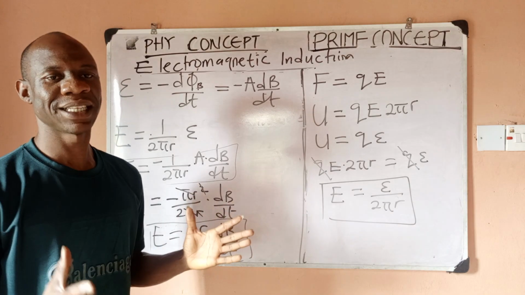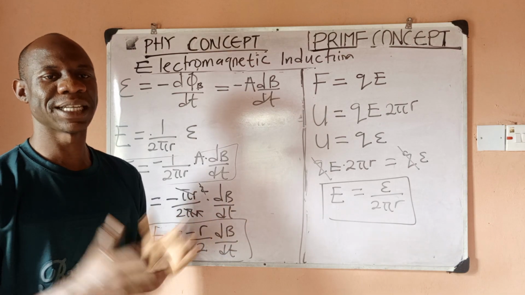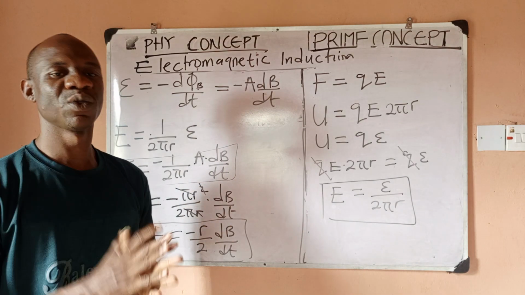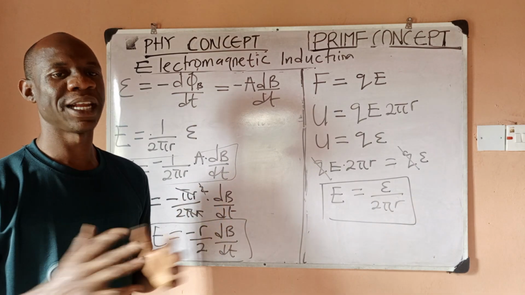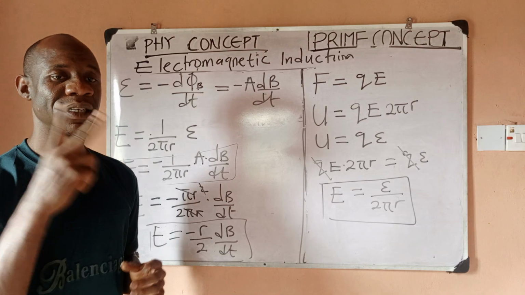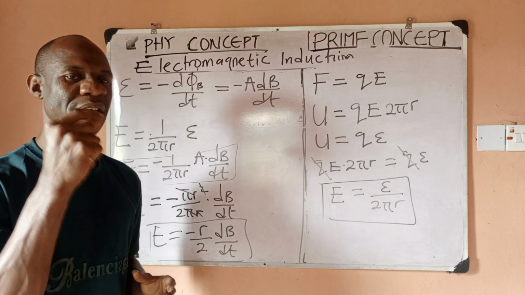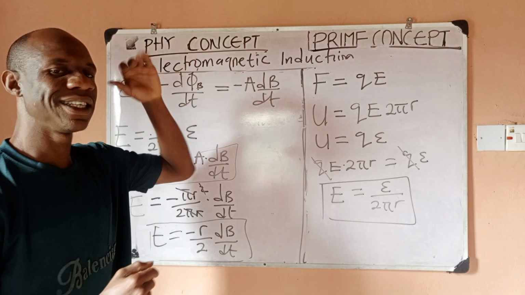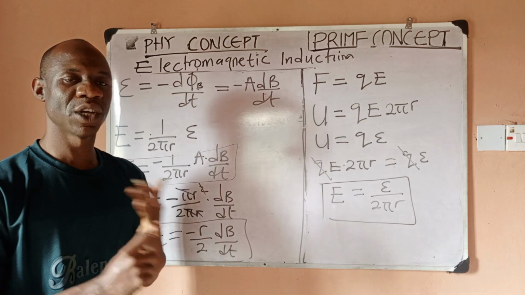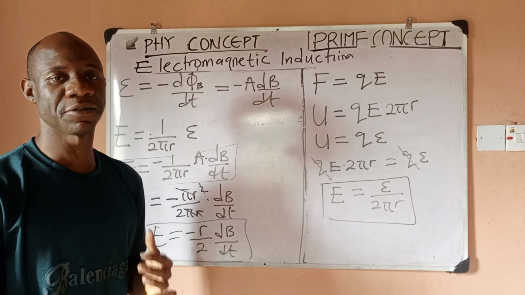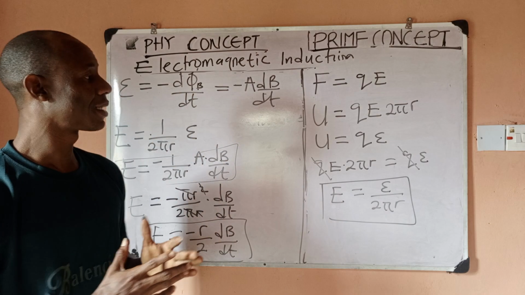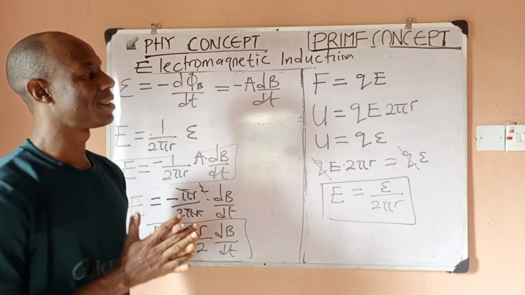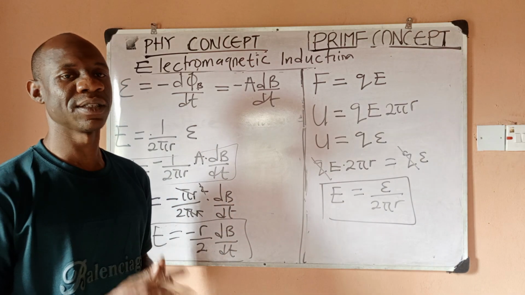We explained that one of the major laws that governs electromagnetic induction is Faraday's law of electromagnetic induction. We pointed out that these are two laws, and then we talked about Lenz's law, which gives the direction of the induced EMF. Then from there we considered the motional EMF. Then we looked at the induced electric field. This is where we're drawing the curtain.